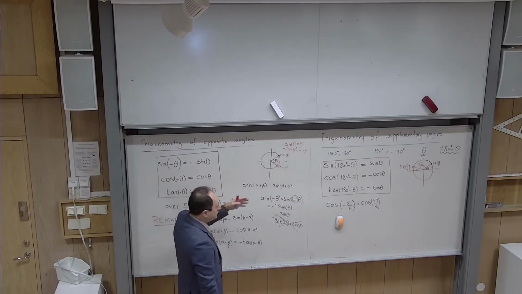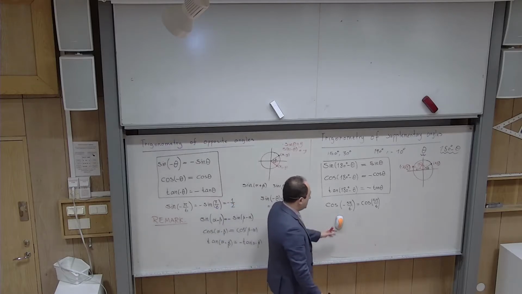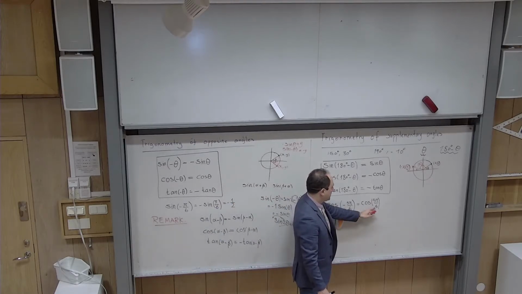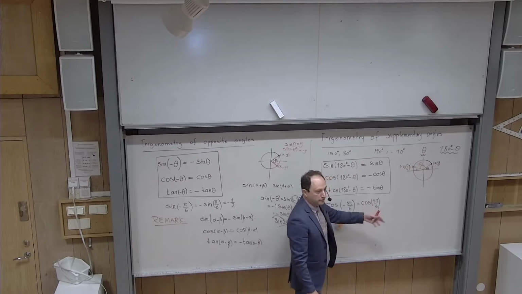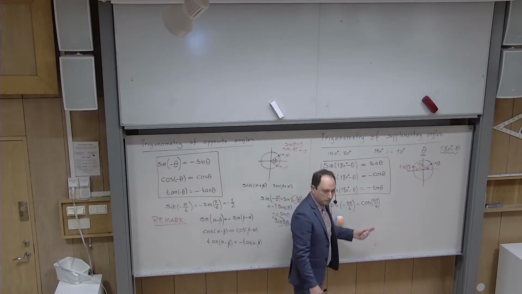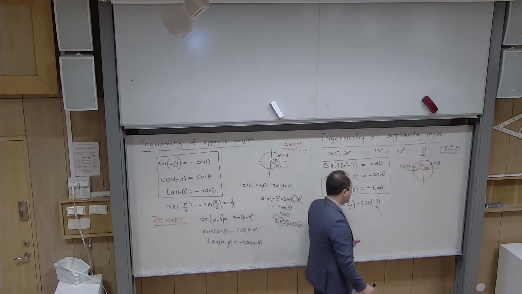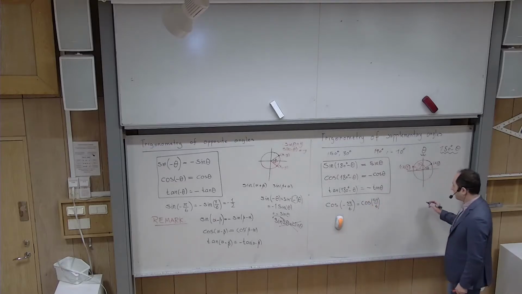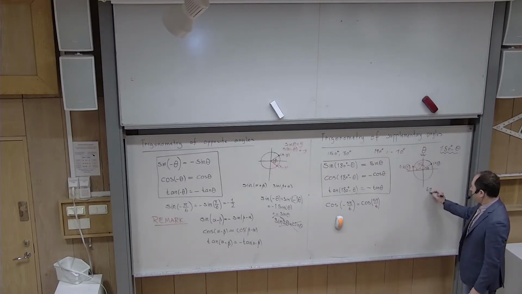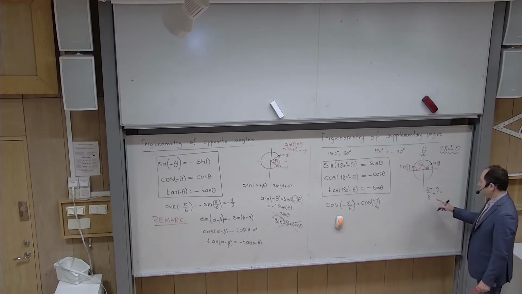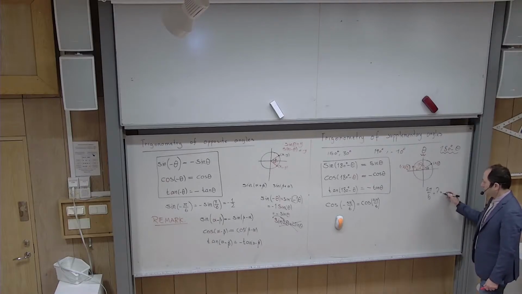Okay, and then 5 pi over 6 is supplement to a famous angle. Can you give me the supplement of 5 pi over 6? The supplement of this is an angle so that when you add these two, it becomes 180 degrees, which in radian mode becomes pi.